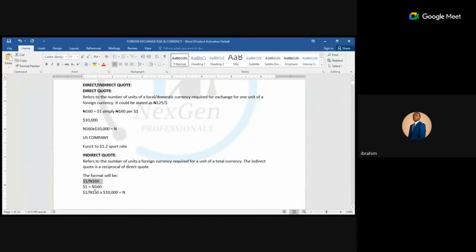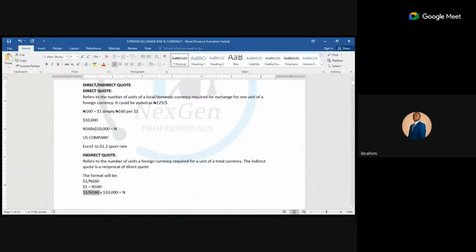So it will be $1 divided by 160 naira times the goods. You can see you divide when it is an indirect quote. Here we are assuming that the company given to you in the question is a Nigerian company.